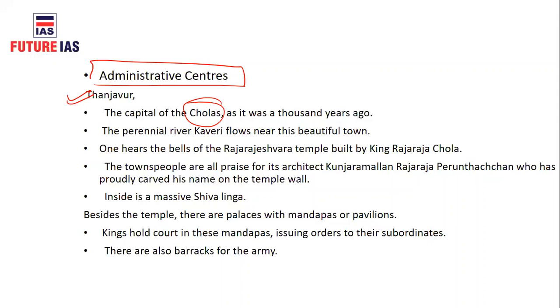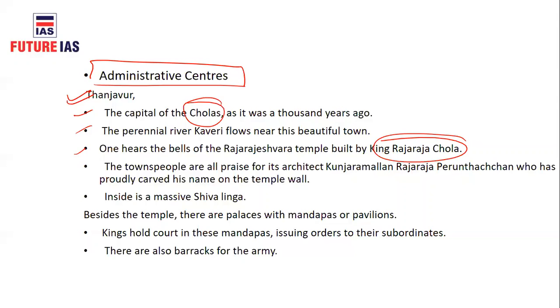And the Rajarajeshwara temple was built by the king Raja, who was also a Chola ruler. The town people praised the architect, who was also known as Raja, Pattachuman, who proudly carved his name on the temple's wall.